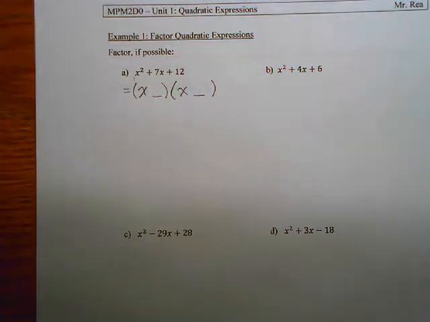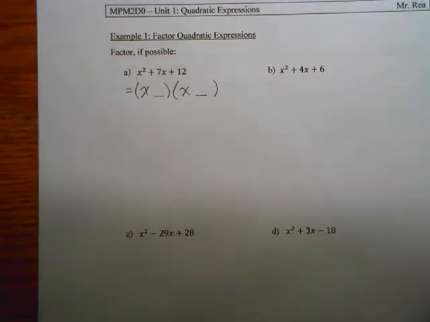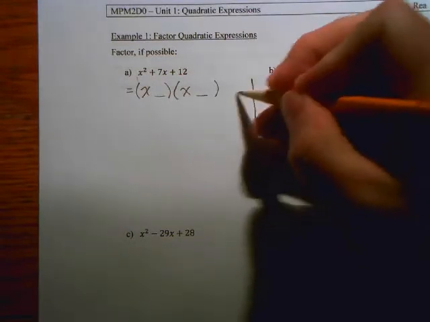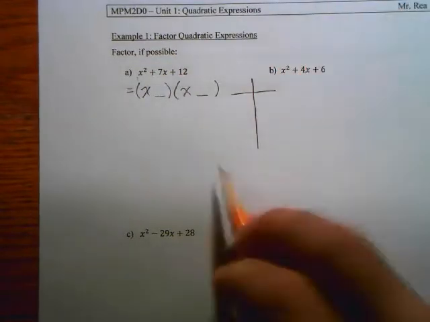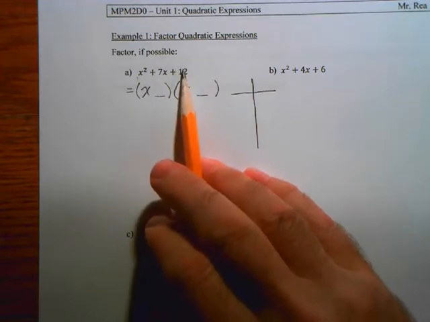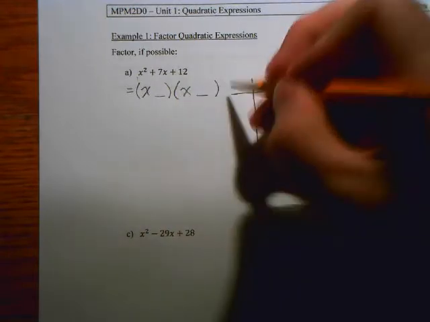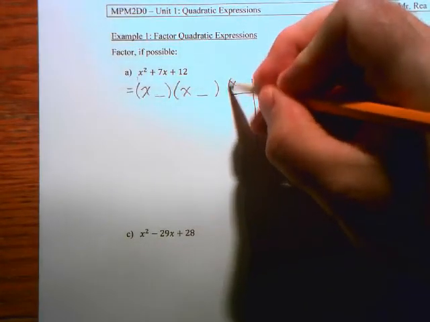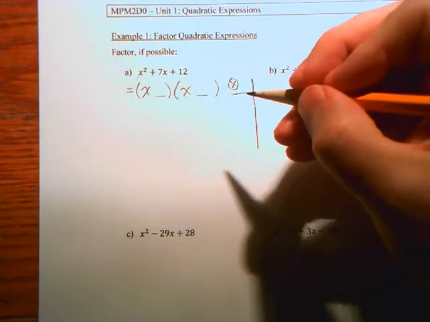So remember the relationship between the 2 numbers we're looking for, and I'm going to create a little t-chart. The 2 numbers are going to multiply to 12. This is the way I do it: I put a little multiply sign with a circle, just to not confuse it with an x.